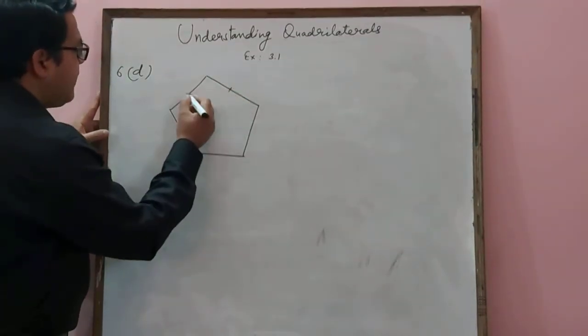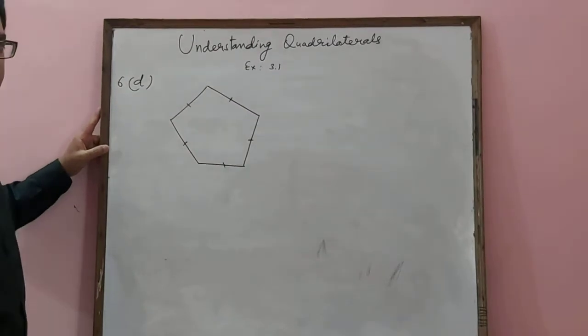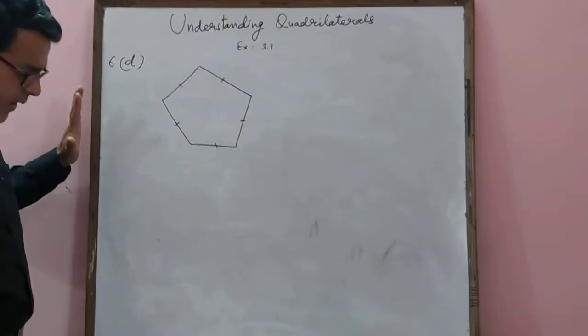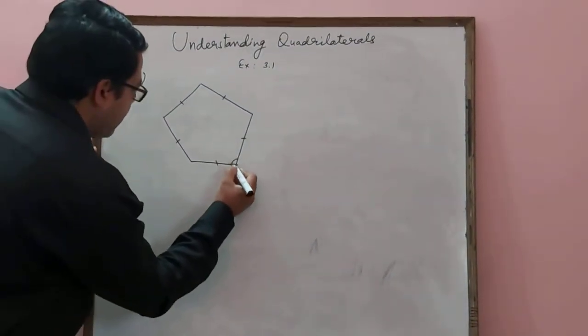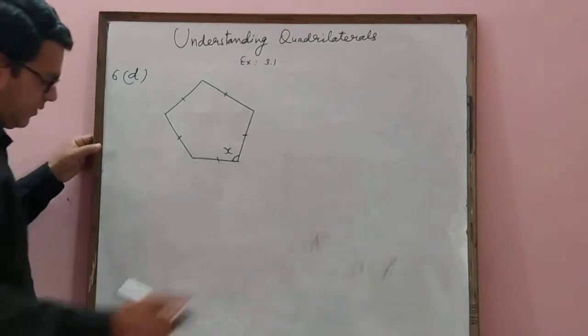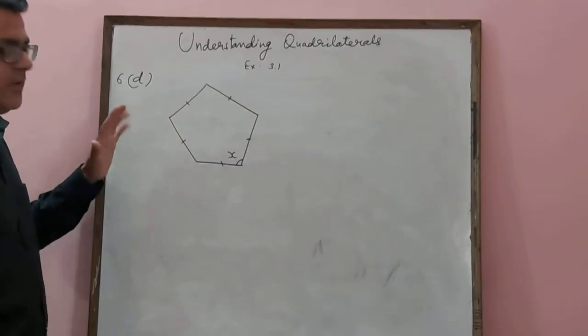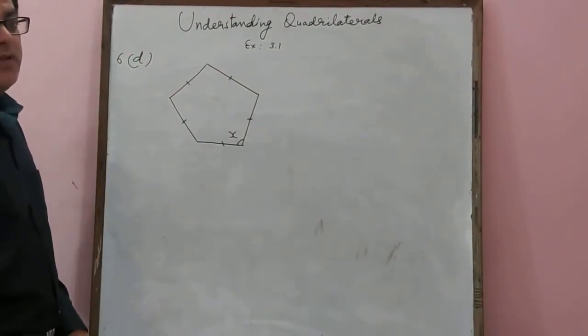It is given there, this is a regular pentagon. All 5 sides are equal. It is already given. And one angle is given, this angle is x. Now you have to find the value of this x.